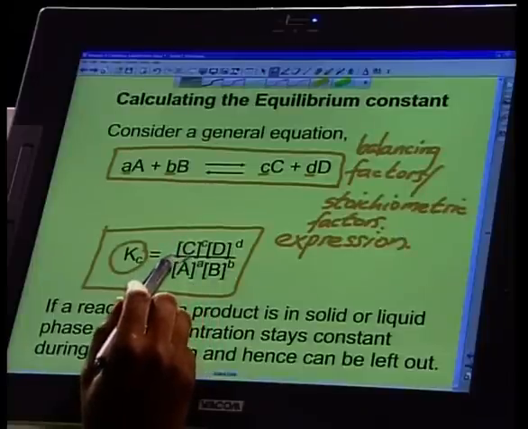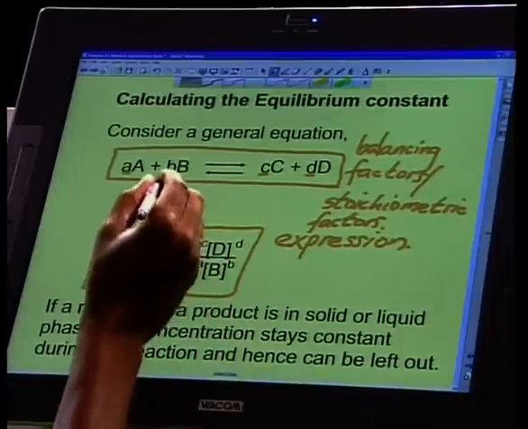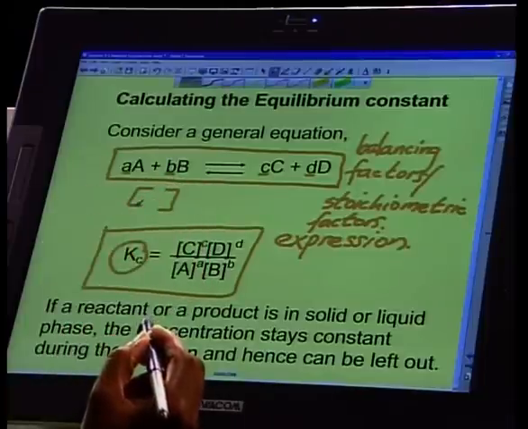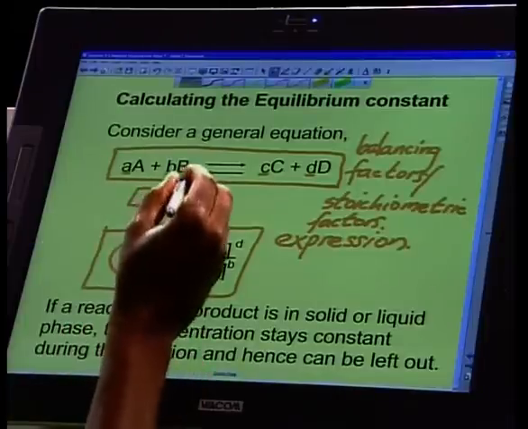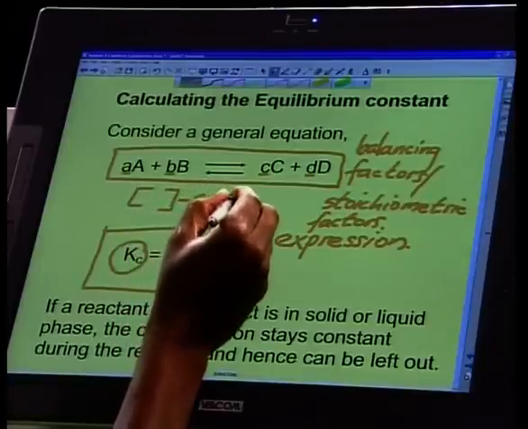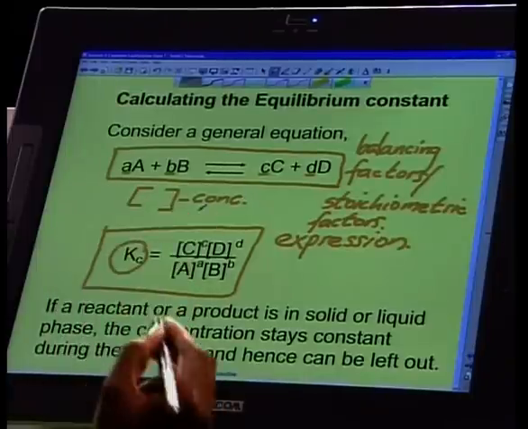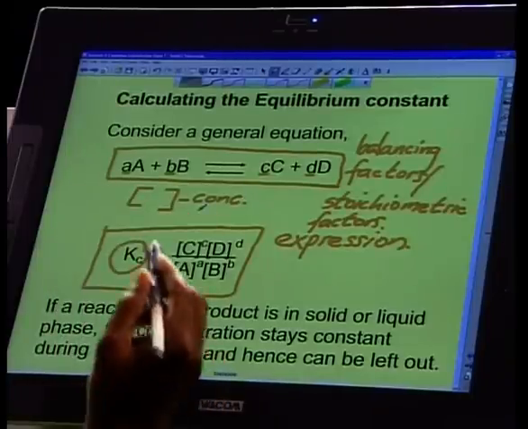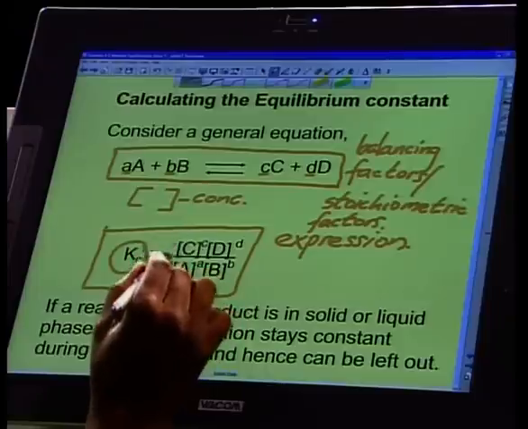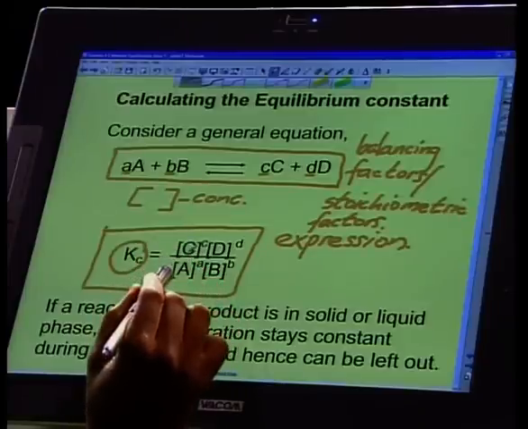We look at the concentrations of the chemicals. This symbol here, big brackets, open and closed, is a symbol for concentration. Allow me to write conc for concentration there. That's a symbol to say concentration of. So when you see this C inside the big brackets, it says concentration of C.